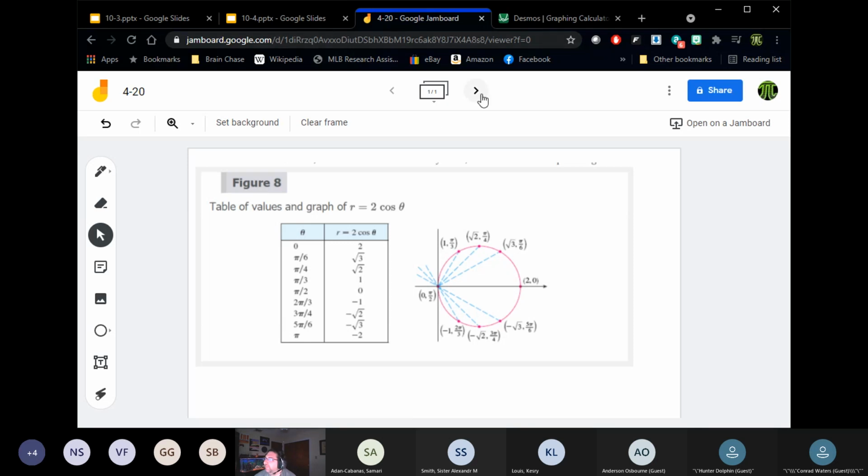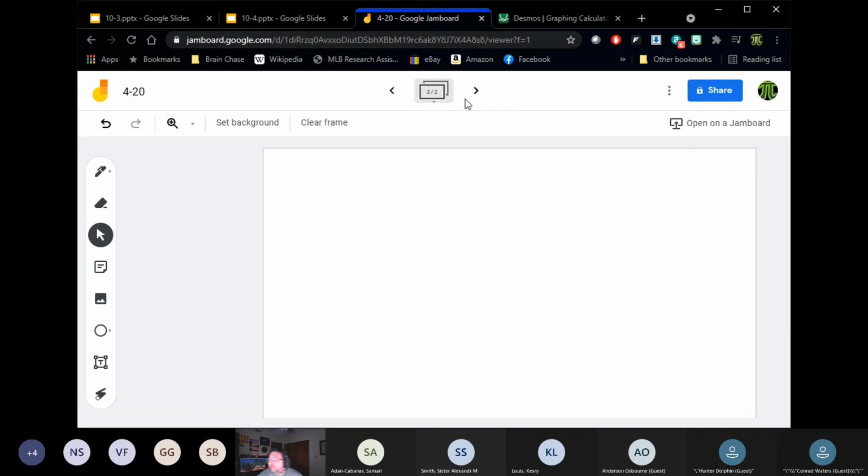Let's actually do one real quick so you can actually see one done out. Let's graph 3 sine theta.